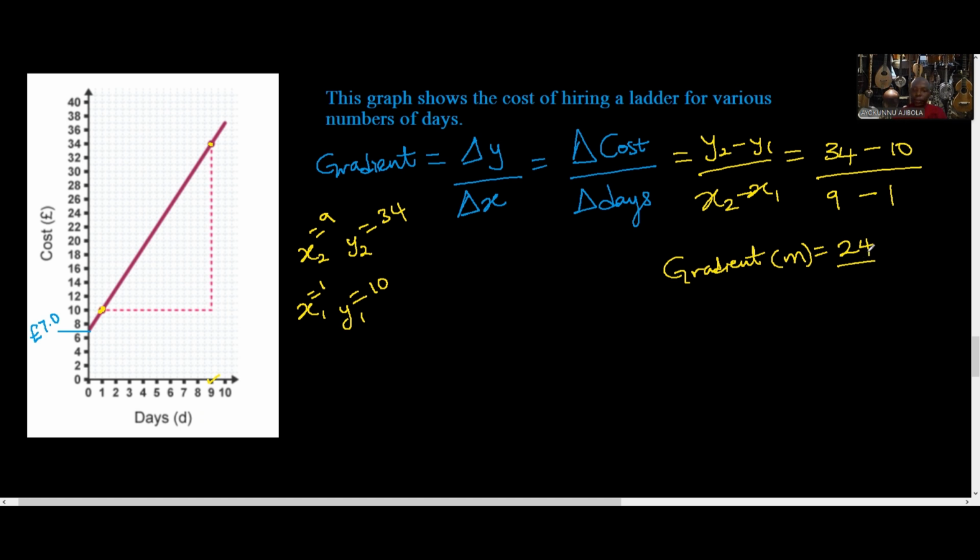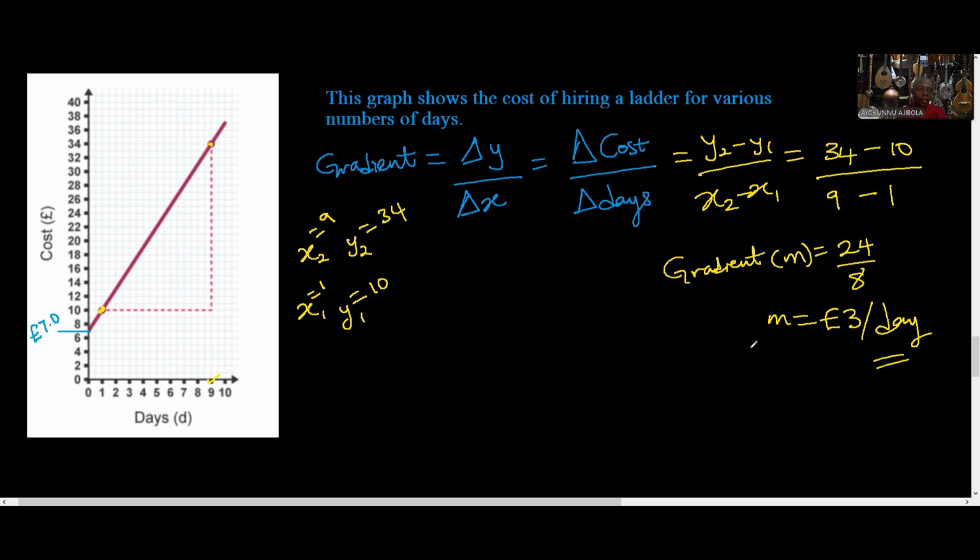Okay, good. So 9 minus 1 is 8. So the gradient is going to be 3 pounds per day.